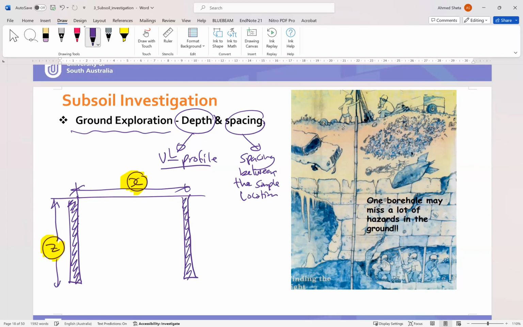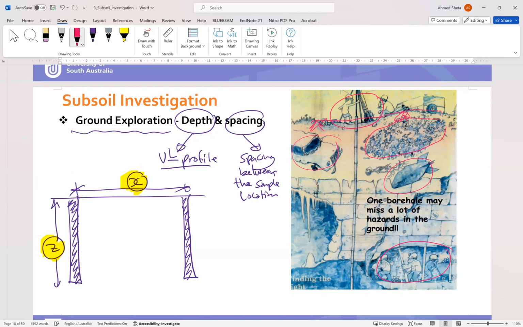Okay, and this is a funny figure showing the importance of the distance between the boreholes. For example, if we have a borehole here, we have avoided a lot of what is underground. We have missed this one, maybe a bullet or something, and we have missed this one, and we have missed this fill.